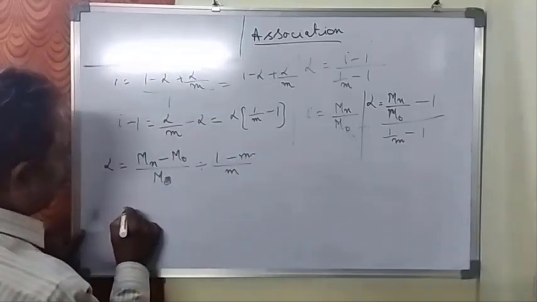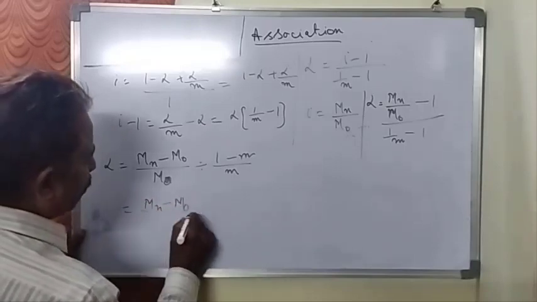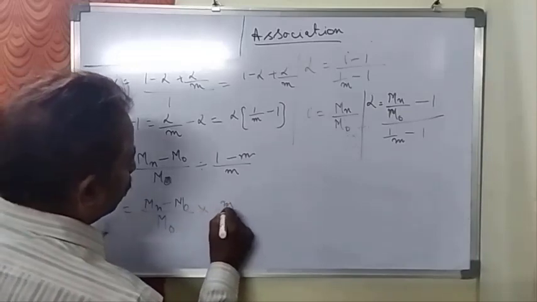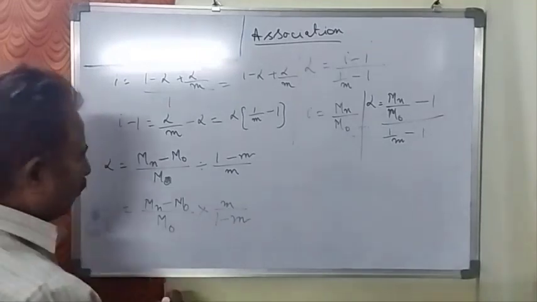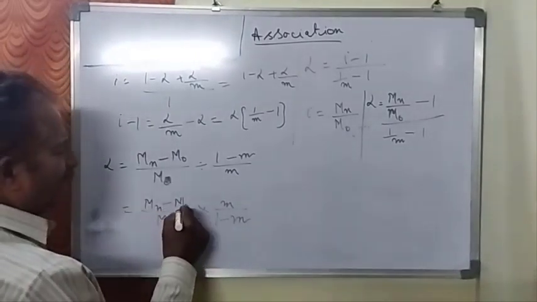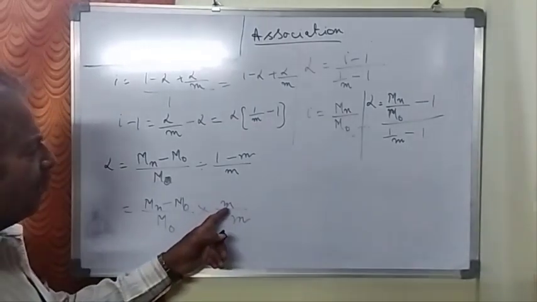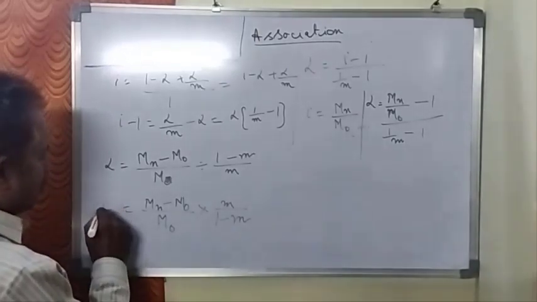So this is Mn minus Mo by Mo into m by 1 minus m. Keep in mind, Mn and Mo are the normal and observed molecular masses, whereas this m represents the number of particles undergoing association. So this is alpha.